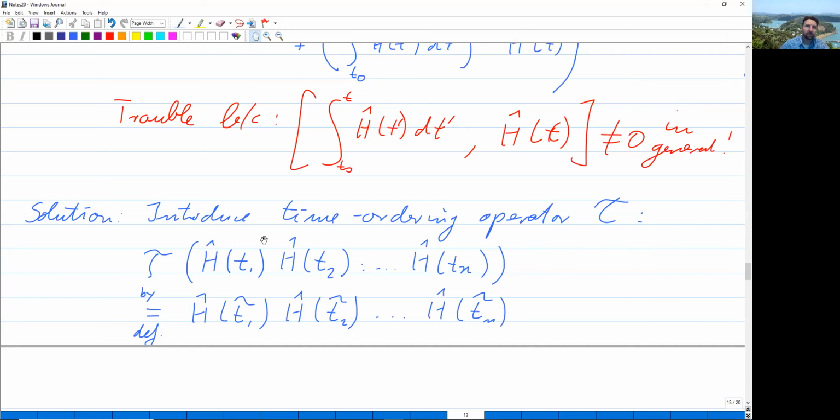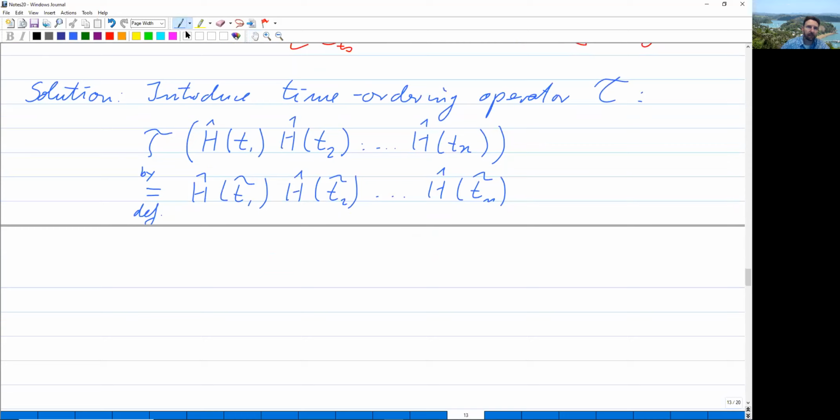Now, what is the difference between the t's and the t tildes? Here we have that t1, t2, t3 are arbitrary, non-ordered times.